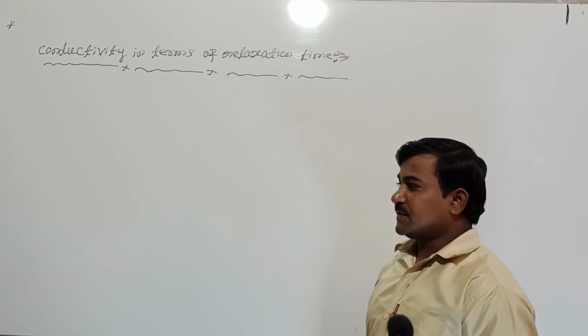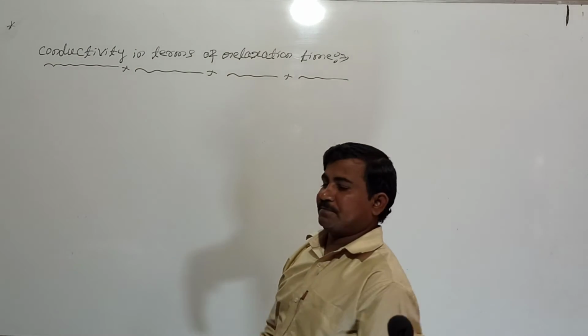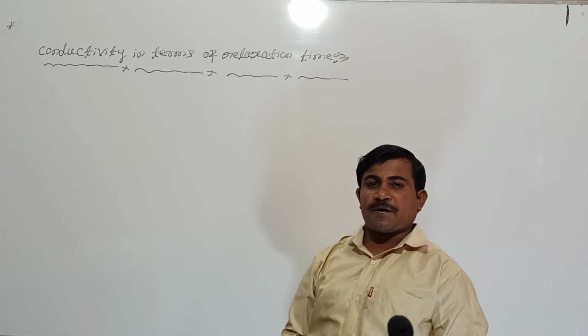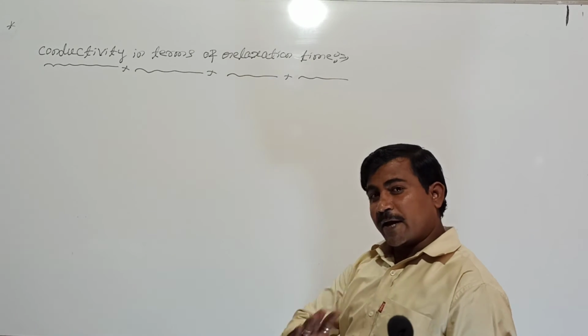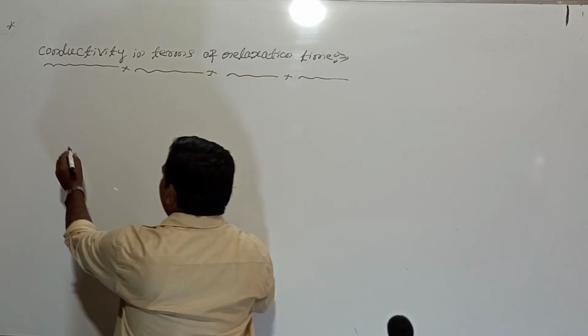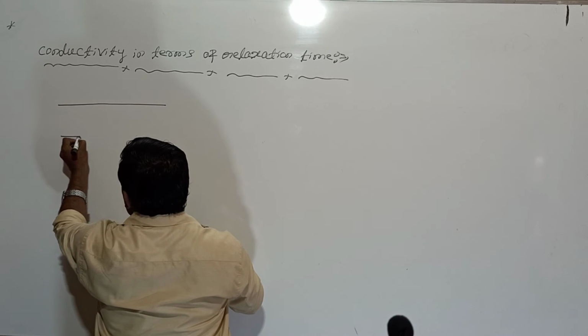Our next concept is conductivity in terms of relaxation time. We should know the conductivity in terms of relaxation time to understand this concept. Now again we will take a conductor of uniform cross section.